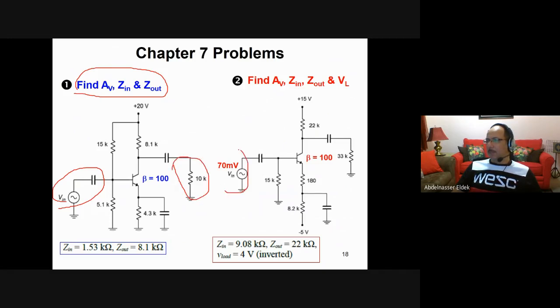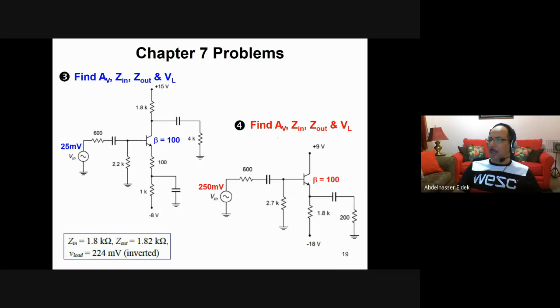This is similar. The output is here also. We just need to calculate AV, Z_in and Z_out, and V load, and so on. These are the four problems.